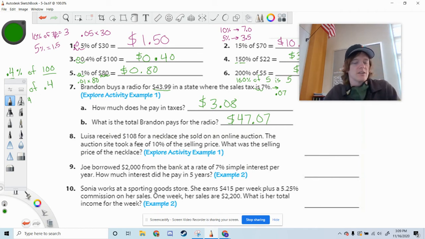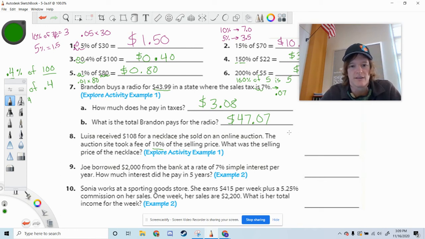Number 8, Louisa received $108 for a necklace she sold on an online auction. The auction site took a fee of 10% of the selling price. What was the selling price of the necklace? So this one's a little bit more tricky. So she's going to get $108. The company took 10% away.